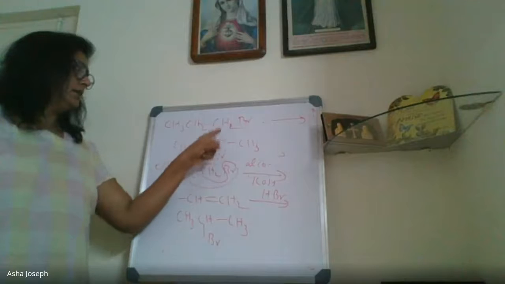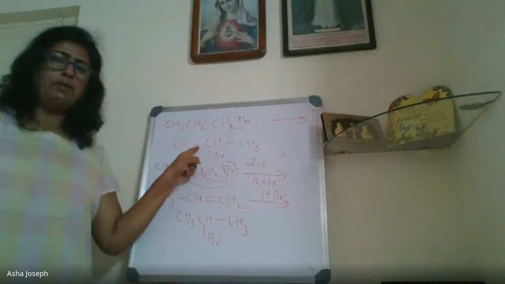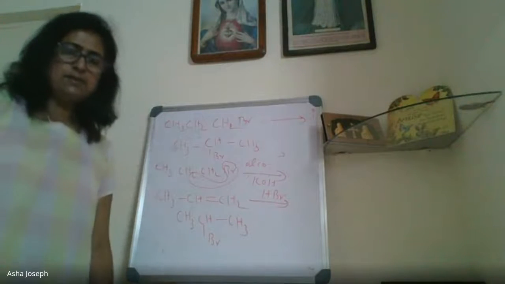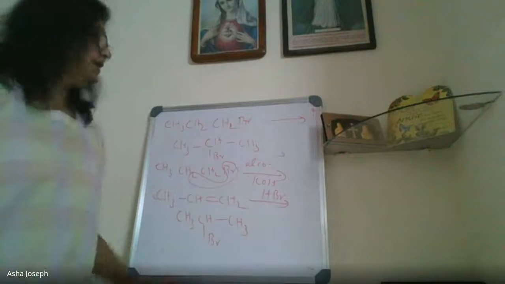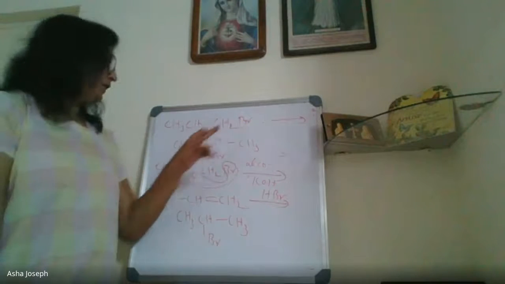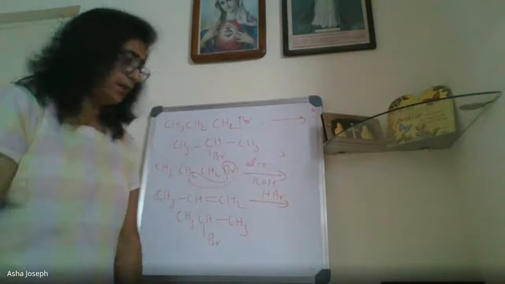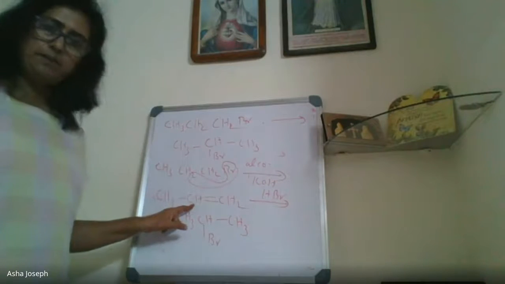Ma'am, can you explain the reaction once more? See, this is the conversion, 1-bromopropane to 2-bromopropane. So here the change is in the position of bromine. When such questions come, we will eliminate HBr, then add HBr, seeing the product. When you eliminate HBr with alcoholic KOH, you will get propene.